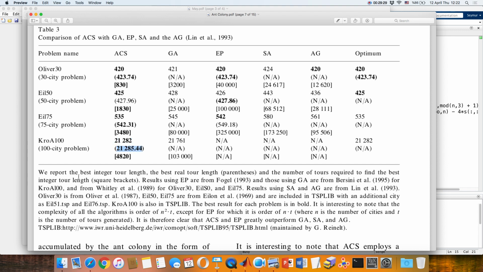So let's see. We report the best integer tour length, the best real tour length, and the number of tours required to find the best integer tour length. Okay, they know what is the best, and then they watch how many runs are needed to reach there.